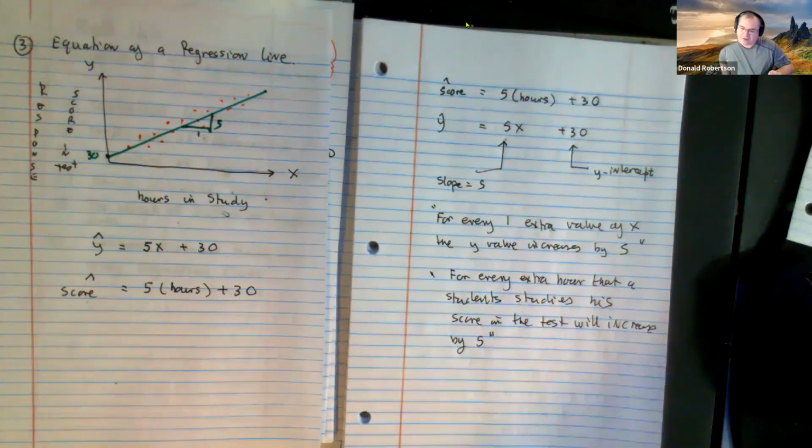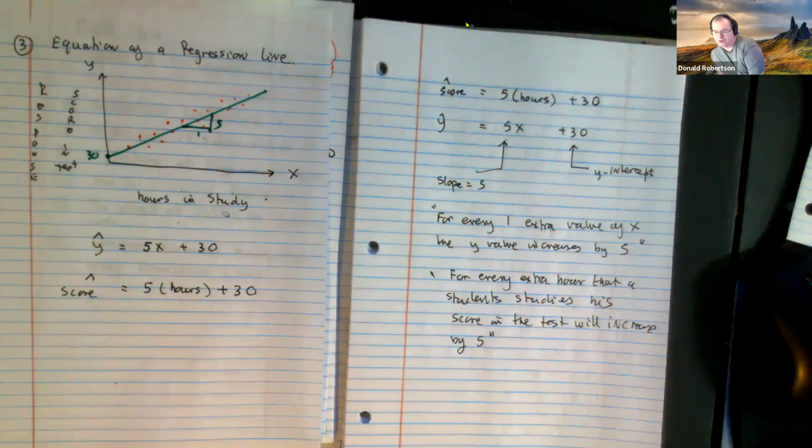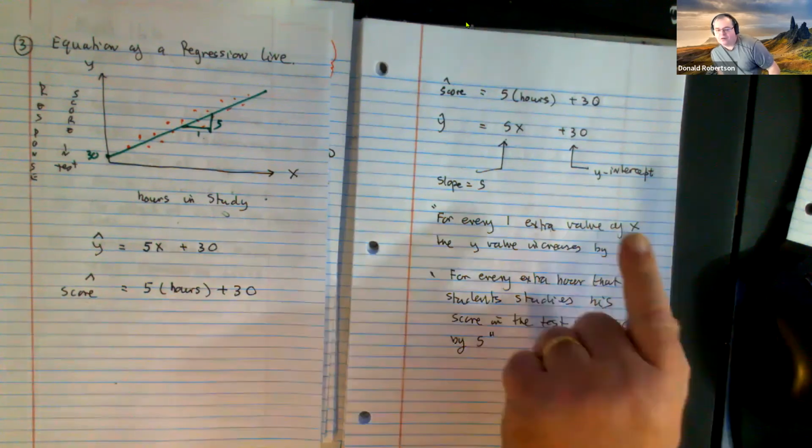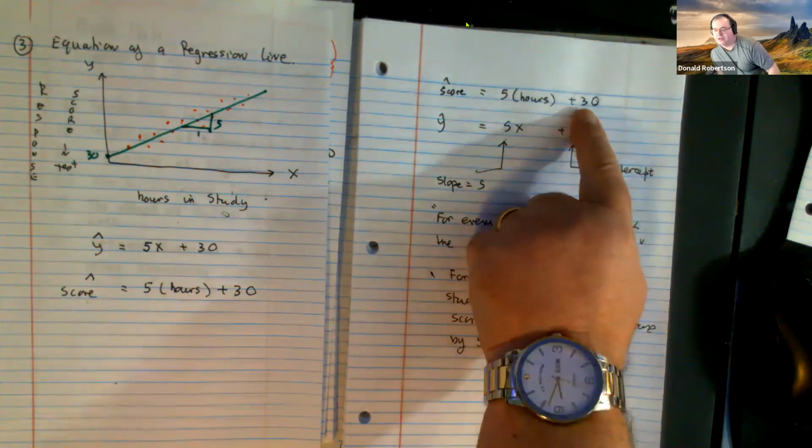Now, what do you think the y-intercept is doing? If I wrote it down in mathematics, wouldn't the y-intercept just be the place where it crosses the y-axis? But in the context of this story, what does that 30 represent?